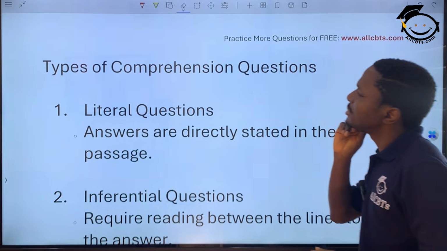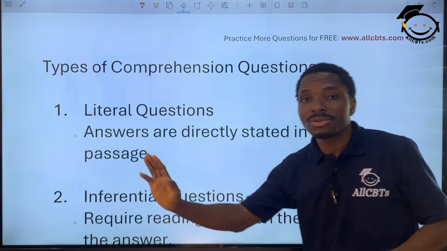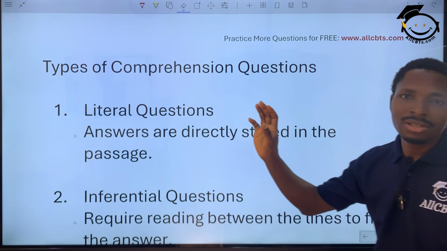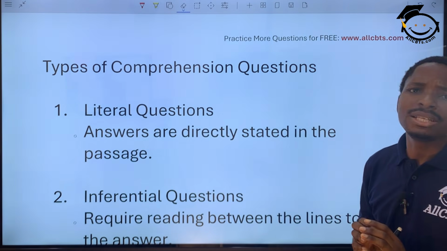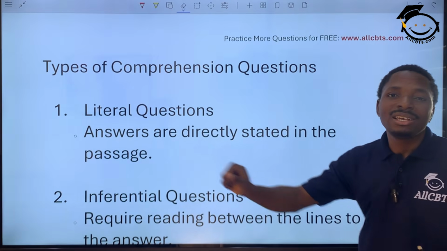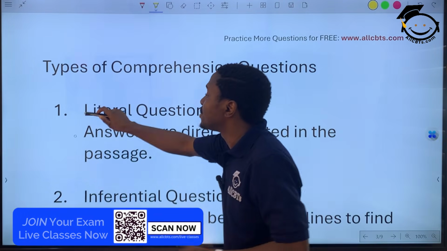Okay, now, types of comprehension questions. You have literal questions, straight to the point, directly stated in the passage. Once you read a line of the passage, you will see the answer and you can pick it out and write it as your answer, word for word. Those are called literal questions.